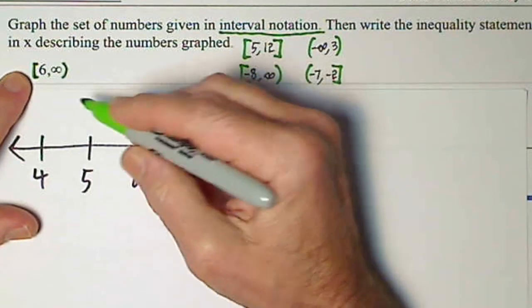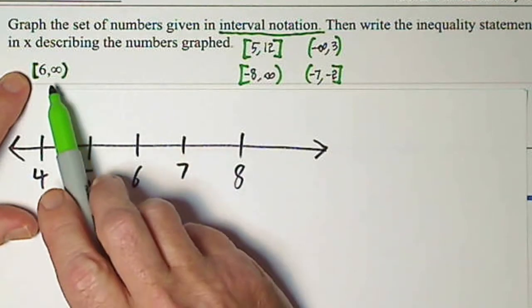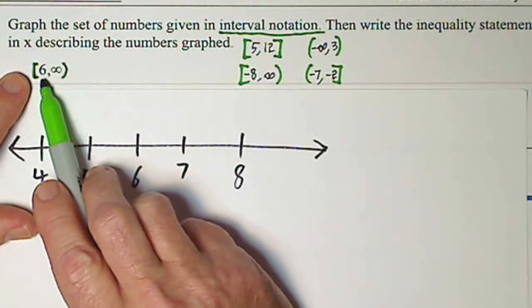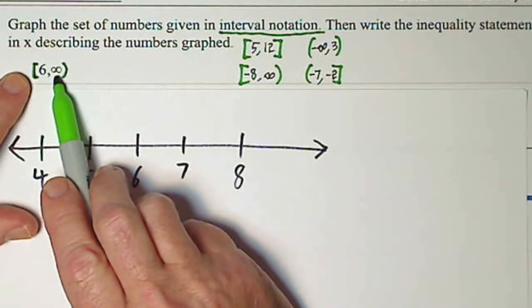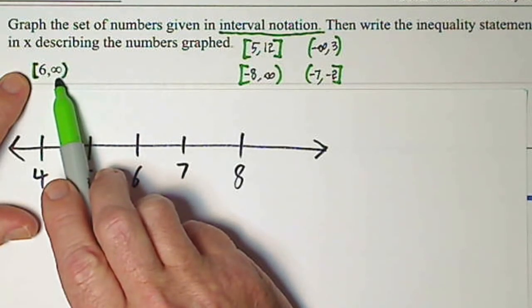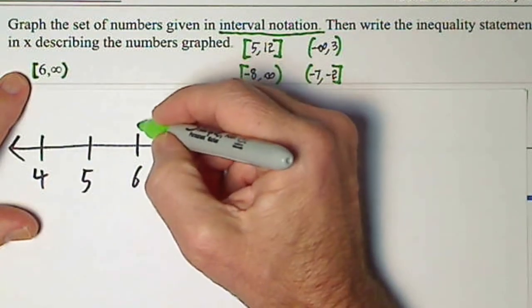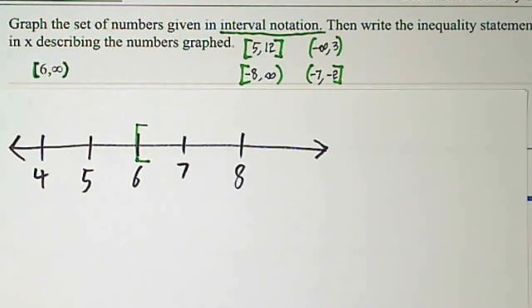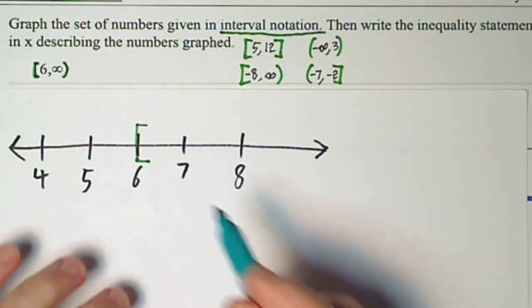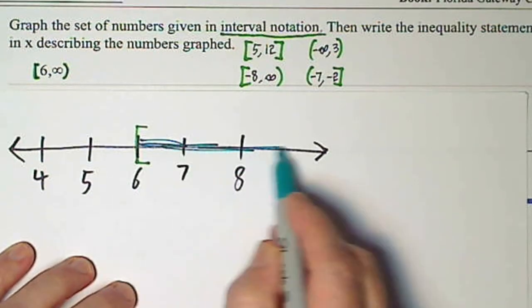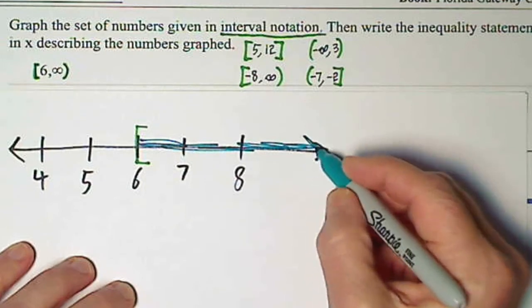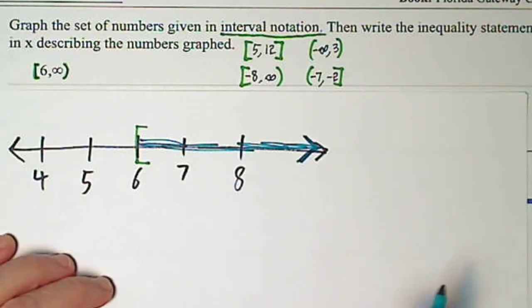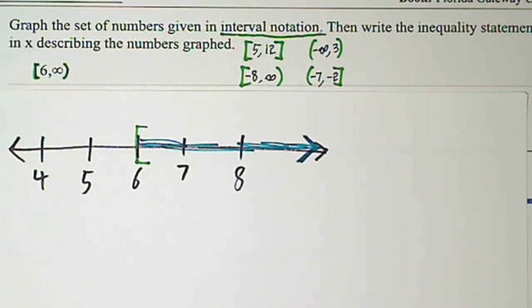So the values they're describing include 6 and they go all the way out to infinity, but you can never touch infinity, so it just goes in that direction. That's the positive direction. So we start at 6 and then we go towards infinity, and so we just fill this in and we would just put an arrow in that direction. It indicates it keeps going forever.